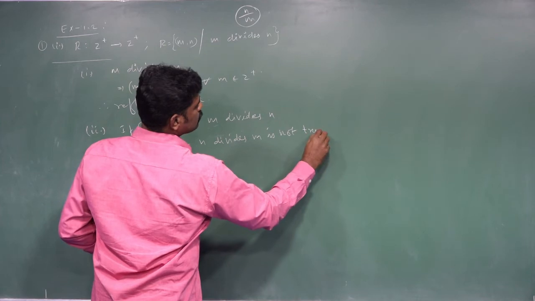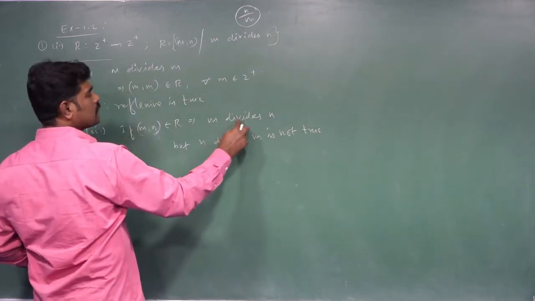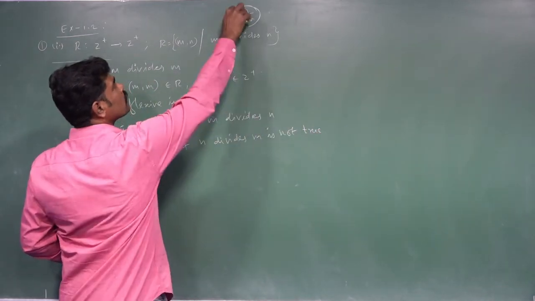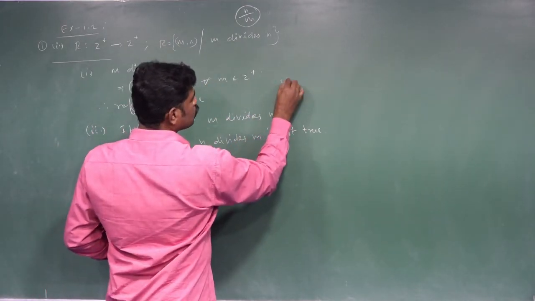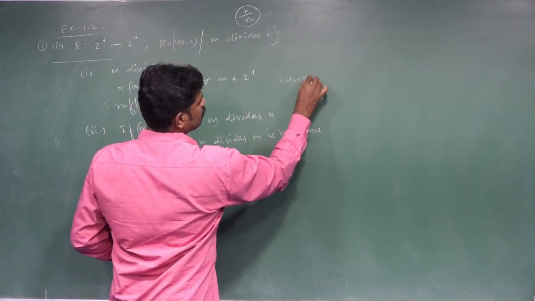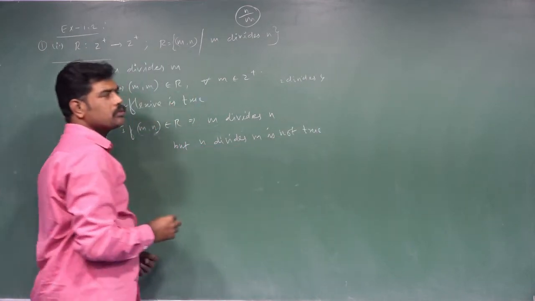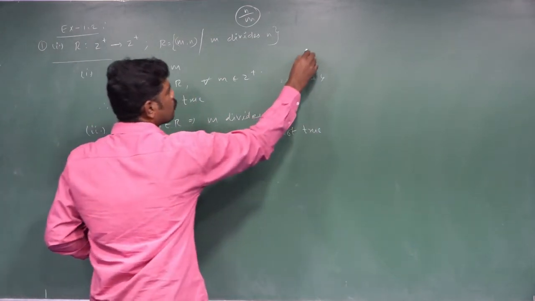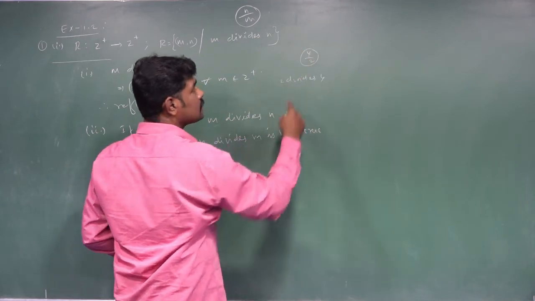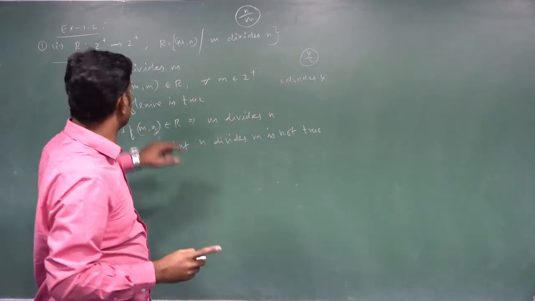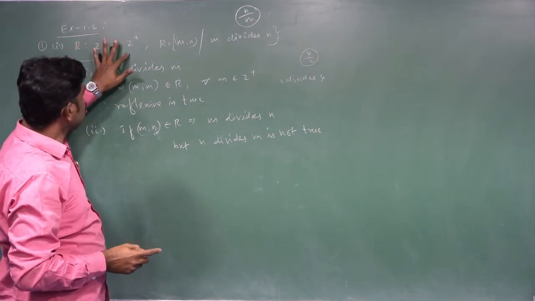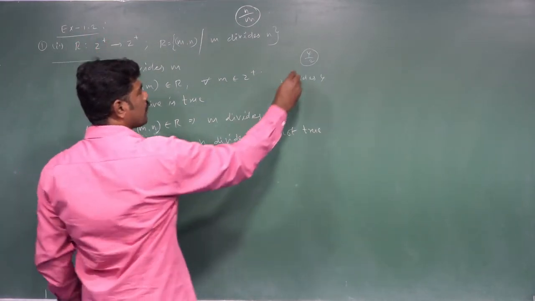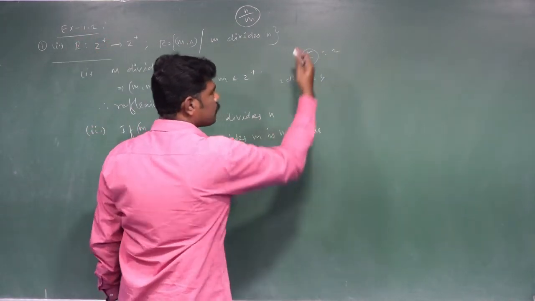I will give one example. M divides n means n is in the numerator and m is in the denominator. Now 2 divides 4 is possible. 4 by 2, the answer is a positive integer. That is important. Here the relation is declared on the set of positive integers, so the answer should be a positive integer. Cancelling, we get 2, which is a positive integer.